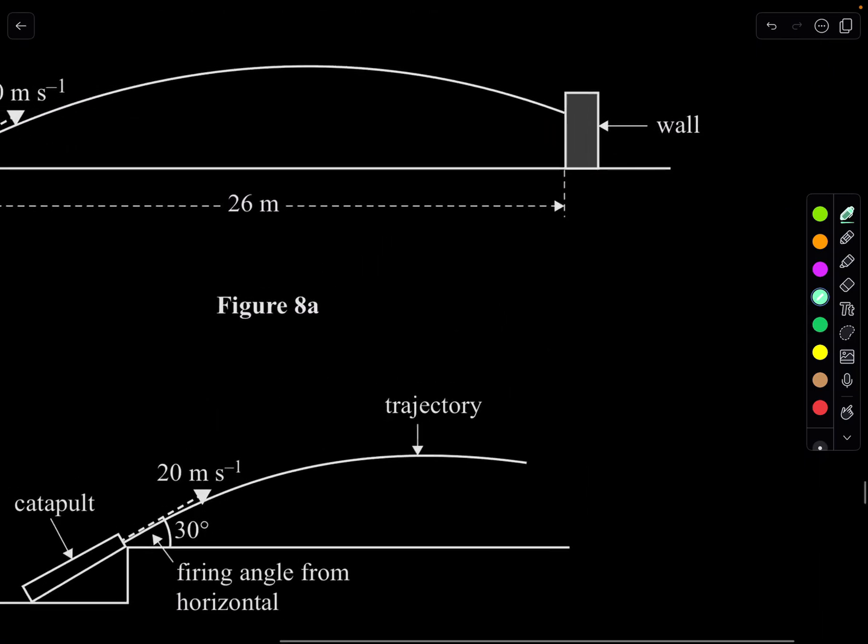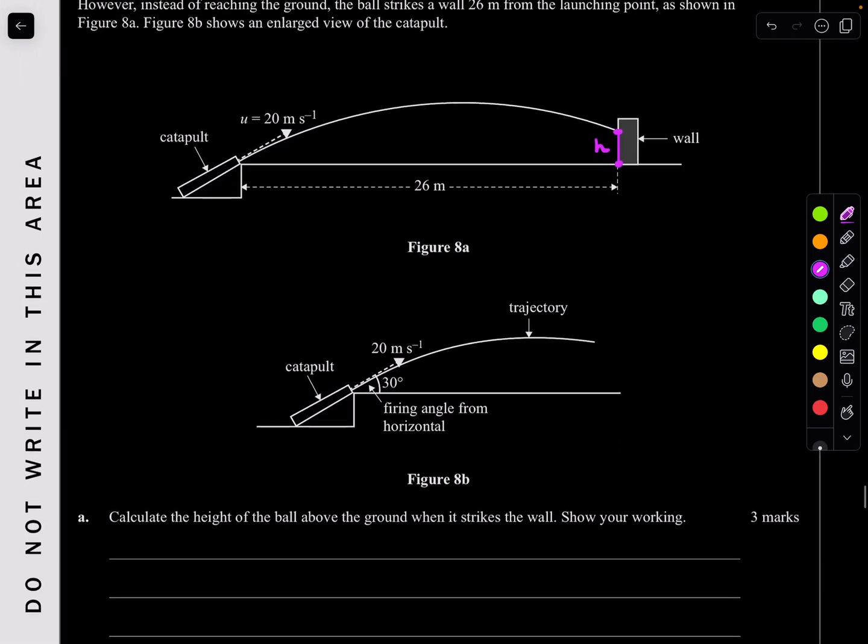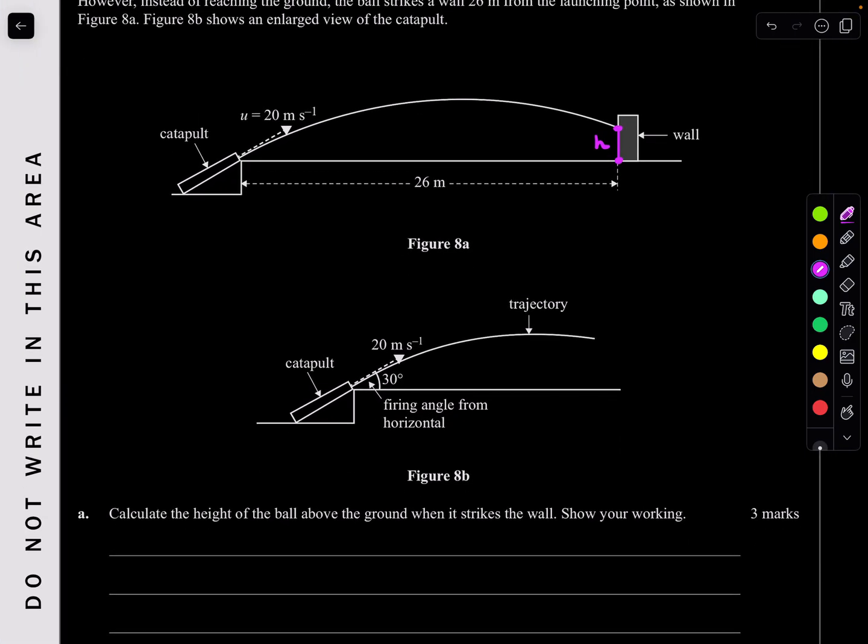So we want to calculate this part over here, this height from here to here, this value of height. Easy. Well, what we're going to do is, because we're given the actual range, the horizontal distance, and we already know the horizontal velocity, remember it is constant throughout. So your initial horizontal velocity is the same for all.